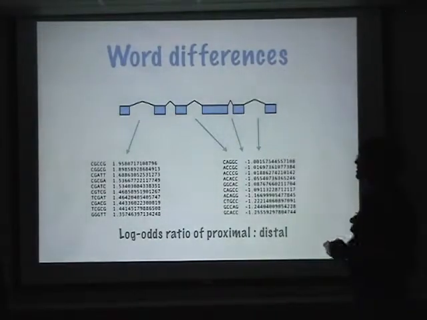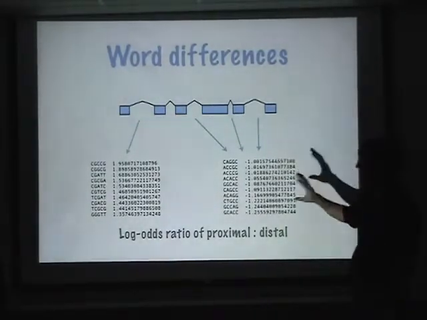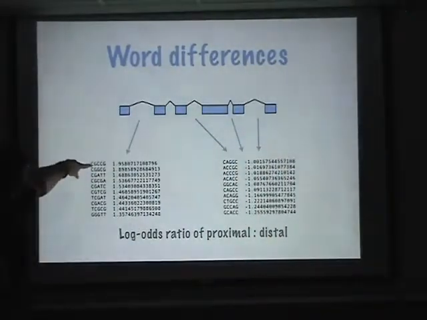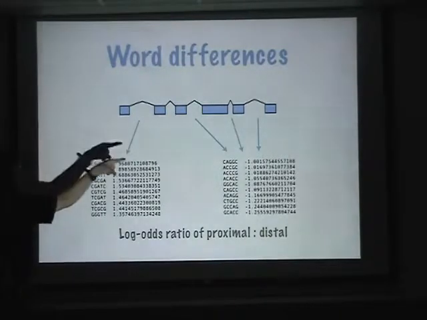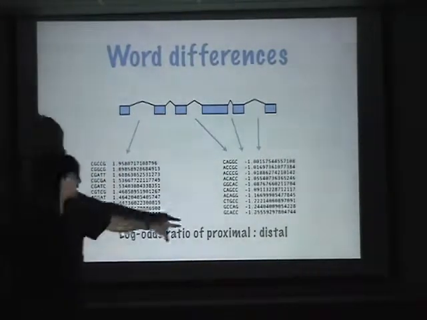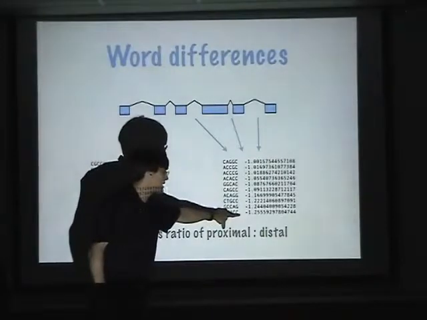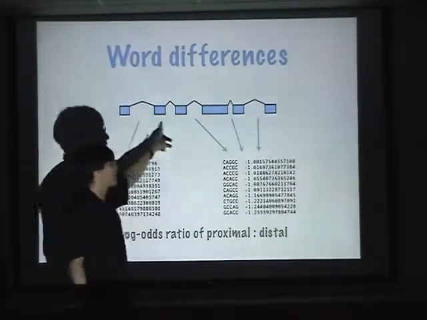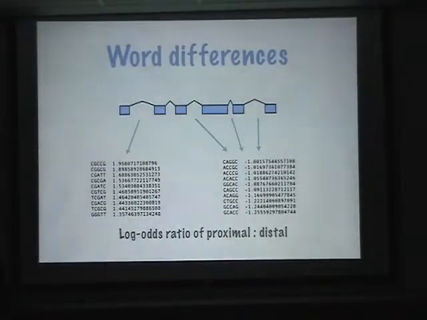Okay, so this is what we're looking for, these word differences. So let me show you what I've got here, which is that this word, CG, is 2 times more likely to occur near the beginning than the end. And this word down here, GCACC, is 1.25 times more likely to occur down there than up here. But these are actually log odds scores, so it's actually 2 to that power.